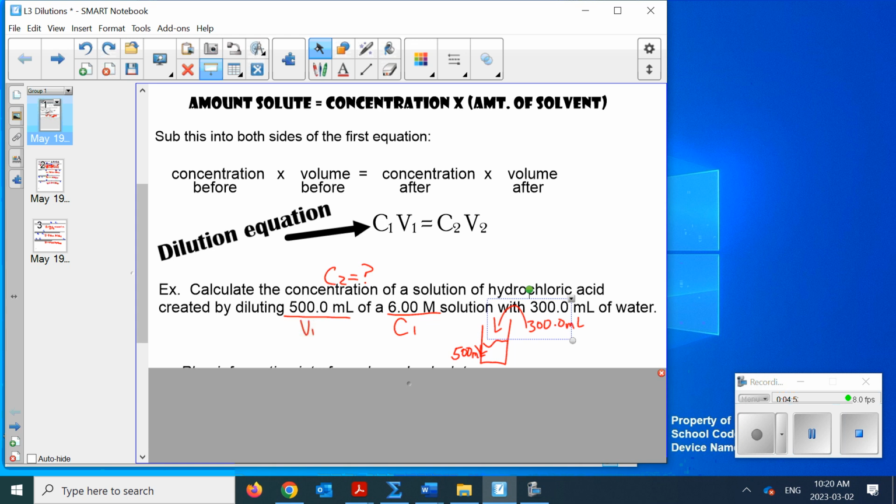Okay? So, I think we can see that V2 is 800 mL. Sometimes you'll need a calculator, but this one, not yet, so we're just doing this example. Okay.